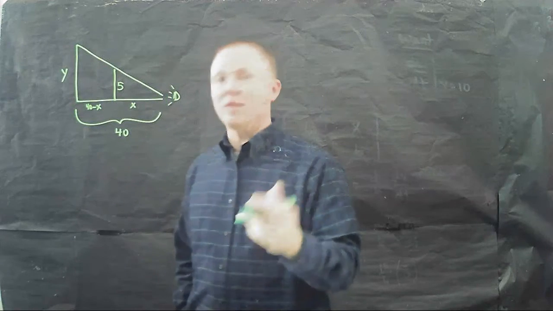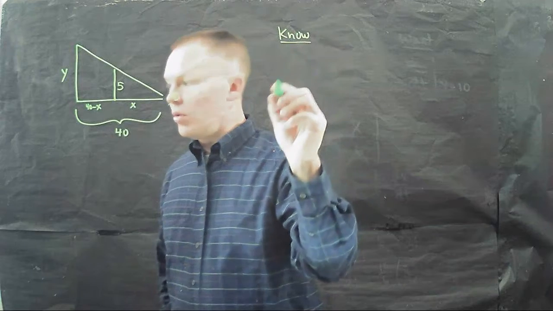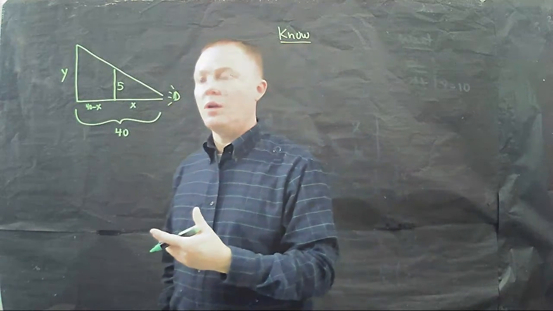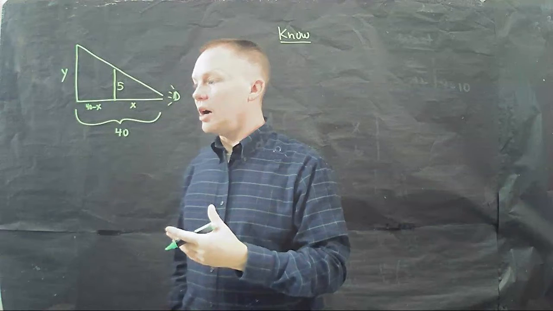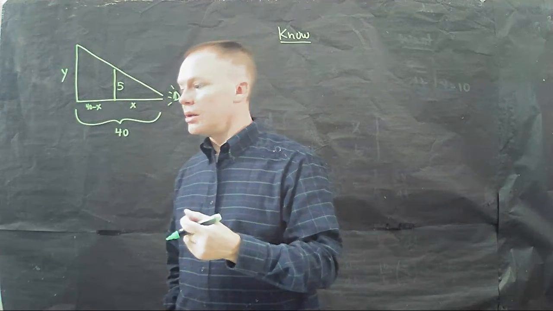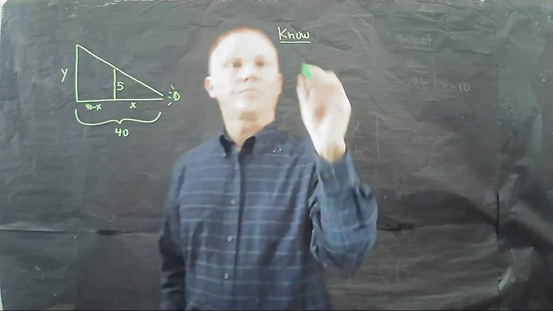All right, and then I'm going to say, well, what do I know? What do they tell me? I know he's walking towards the wall at a rate of 2.